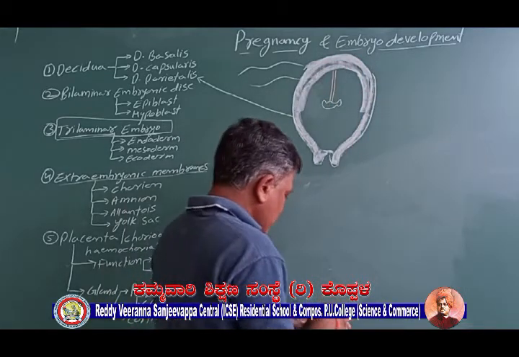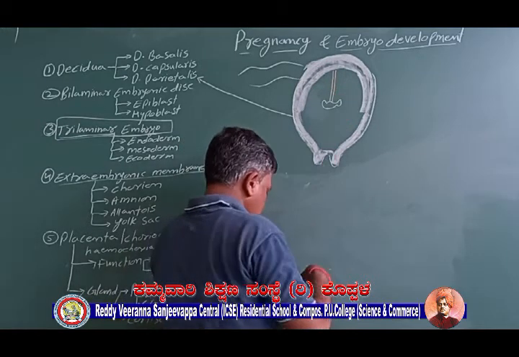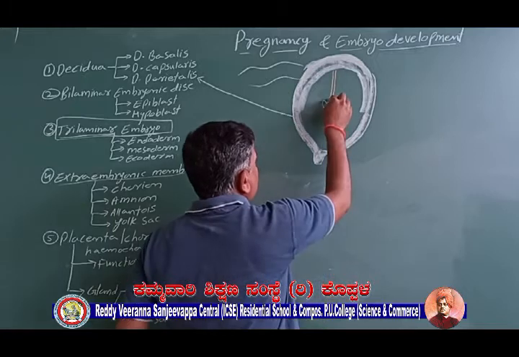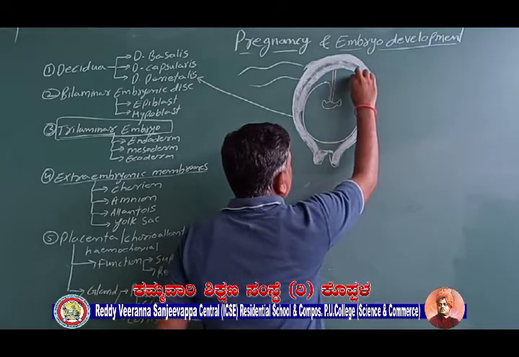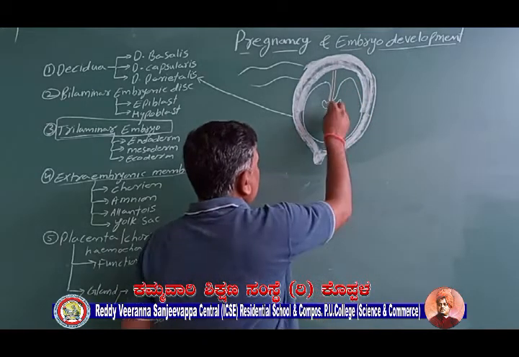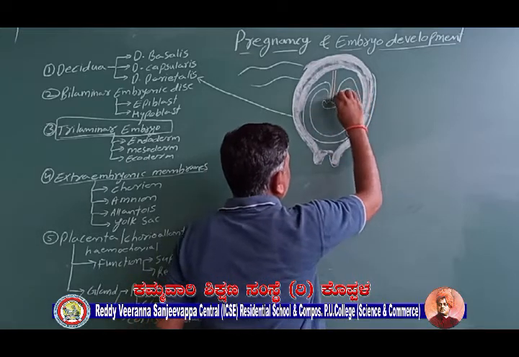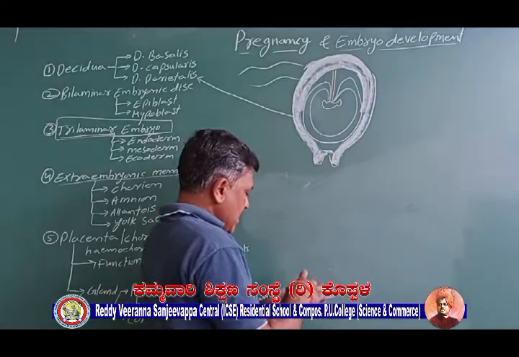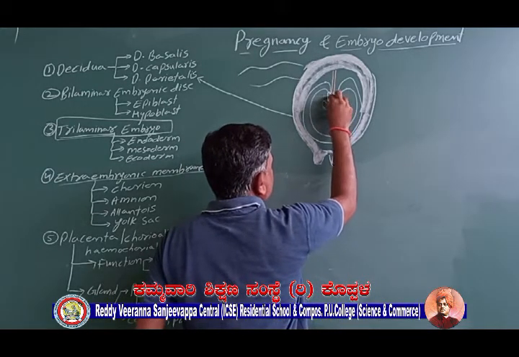Now this embryo is covered with the outermost, it is covered with a number of layers. So this is 1 layer. Then there is 1 more layer, and there are certain regions in between.